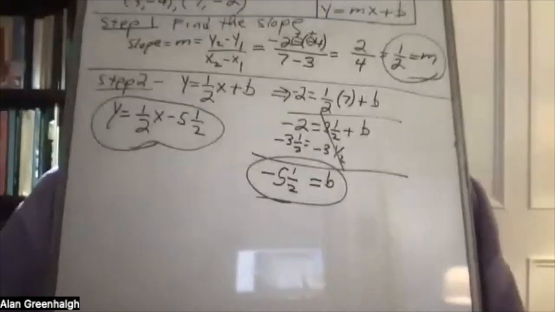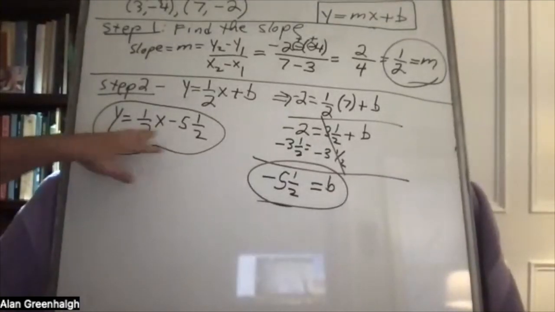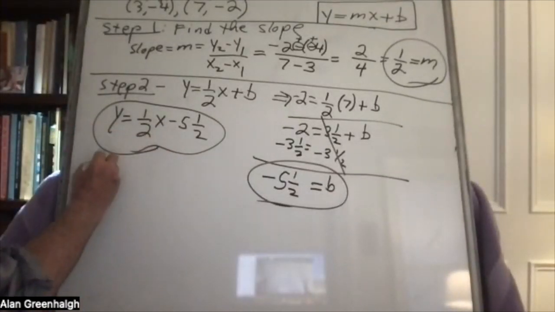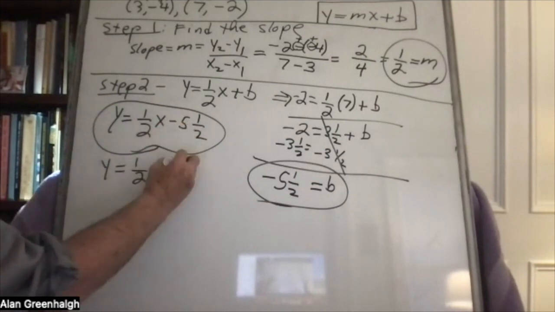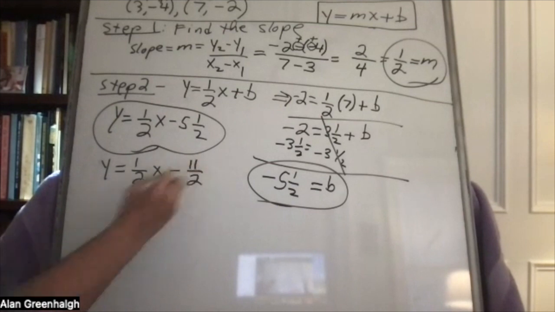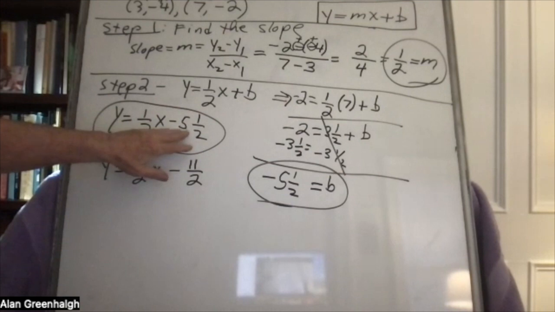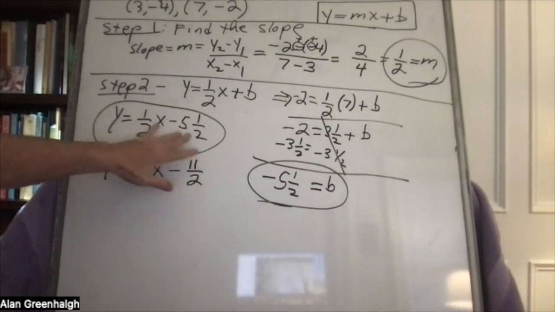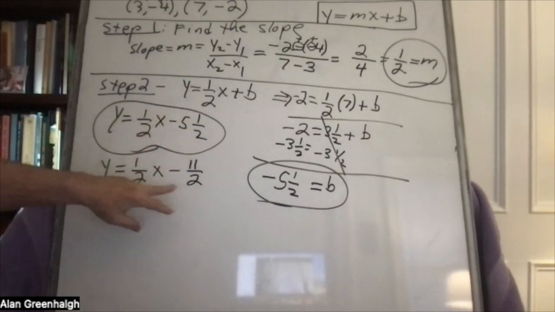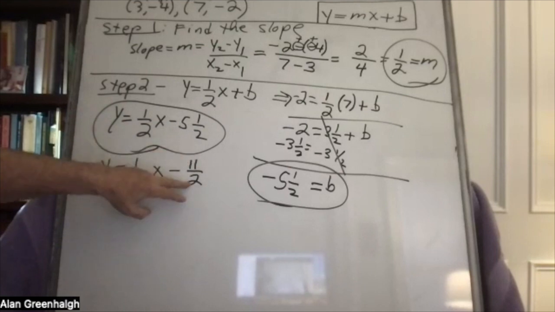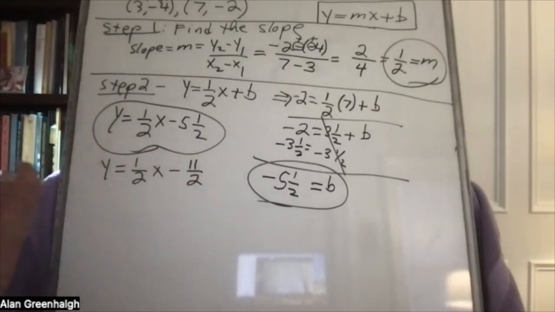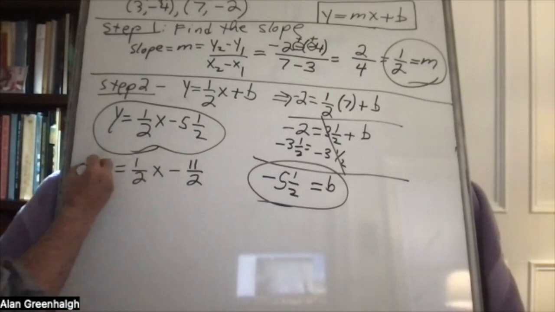Sometimes in this course, we're going to get a problem like this, where it would be more beneficial if you left the 5.5 as 11/2. This is fine, I would never mark what you have here wrong. But there are times in the class coming up where it's beneficial to make this into an improper fraction, because we want to clear the denominators, and that's the best way of doing it.